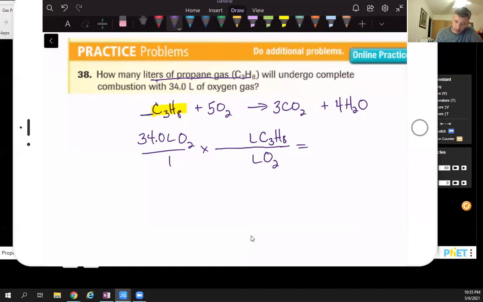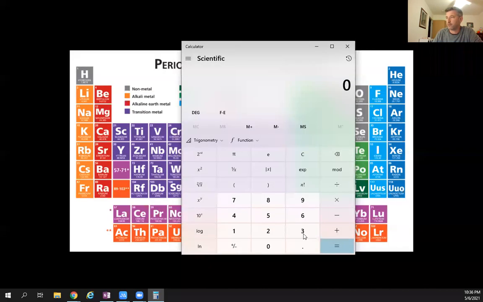There's an implied 1 in front of propane, so I'm going to put a 1 there in front of liters. And there is a 5 in front of oxygen, so I'm going to put a 5 there. And so that's going to give me a 1/5 ratio. So I've got, let me grab my calculator here, 34 divided by 5, which should give me my answer. Oops, made everything go away.